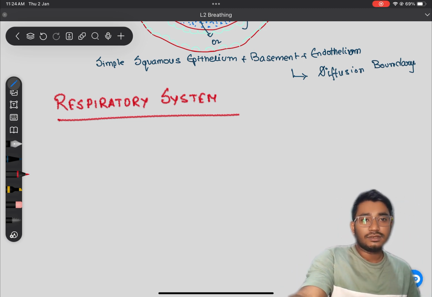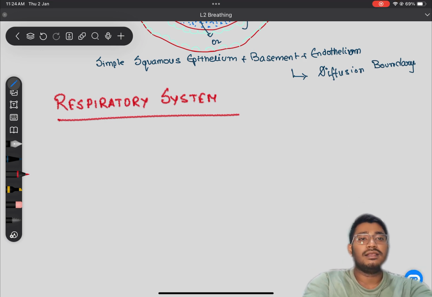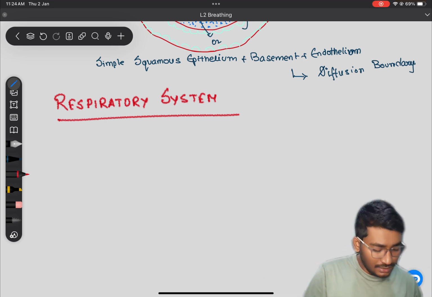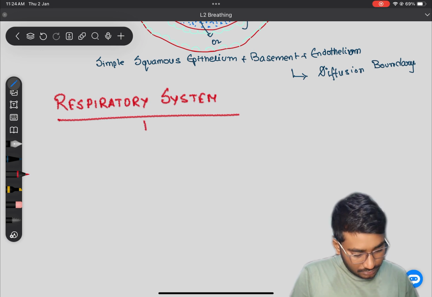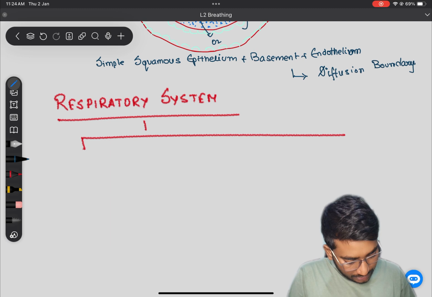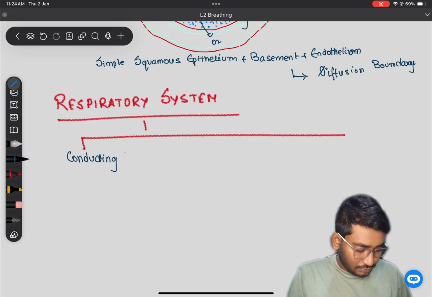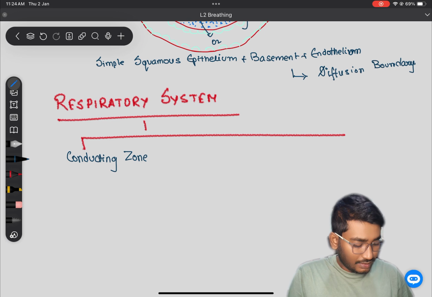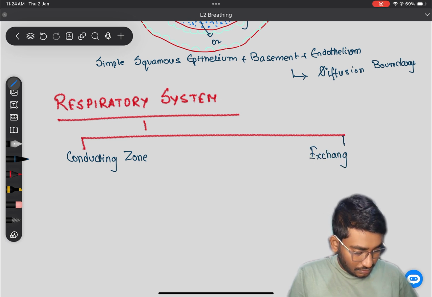One is the conducting zone and the other is the exchange or respiratory zone. So we can divide it into two.